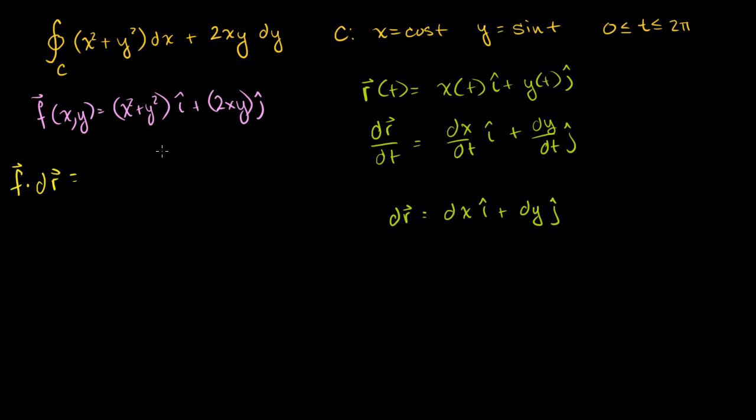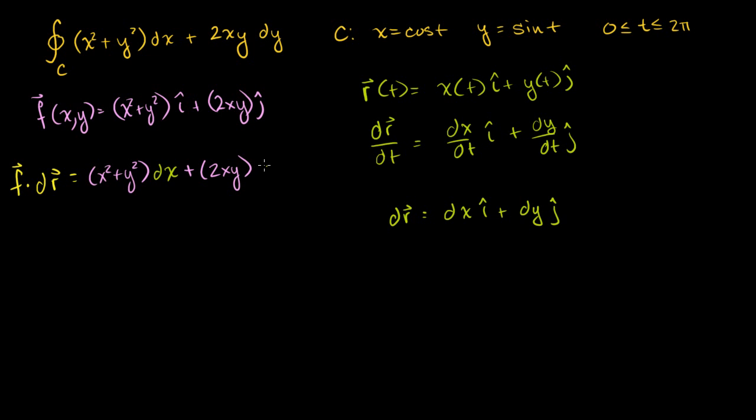Dot products, you just multiply the corresponding components of our vectors and then add them up. So if you take this f and dot it with that dr, you're going to get the i component, x squared plus y squared times that dx, plus the y component, the j component, 2xy times that dy.